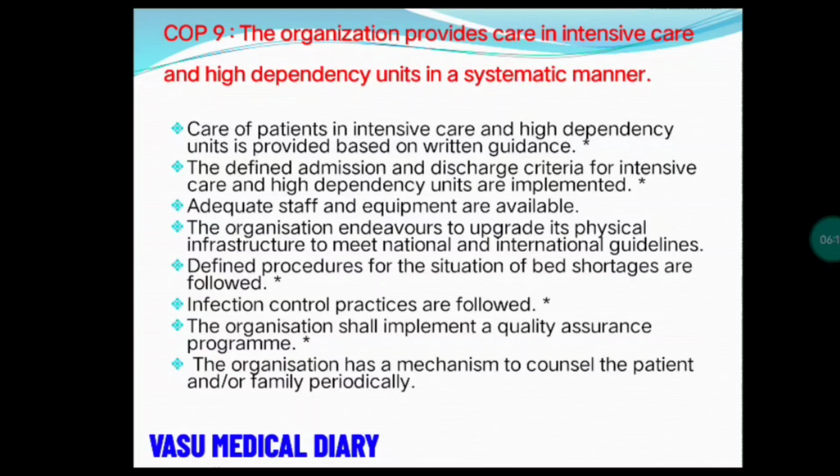Infection control practices are followed, and the organization shall implement a quality assurance program in ICU and HDU. The organization has a mechanism to counsel the patient and family periodically. During a change of patient condition, the hospital people should have a policy to update the friends and family about the patient condition.